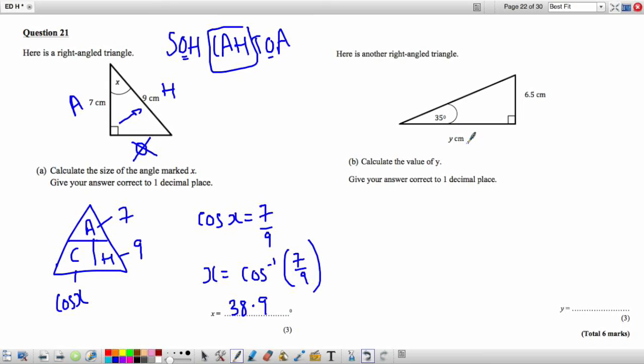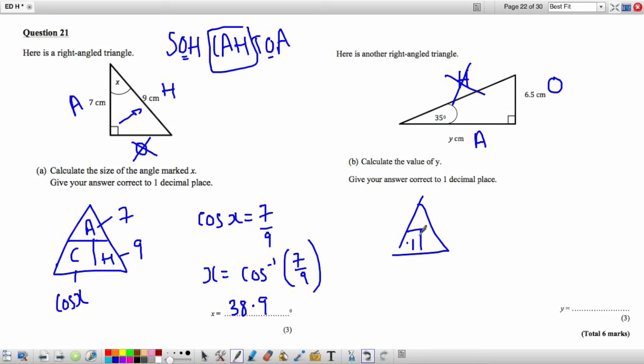Our other right angle triangle for part B, we have the angle. So this side here opposite the right angle is hypotenuse, and the third side is adjacent. We are not using the hypotenuse because there is no information given or we are asked to find for here. So therefore we are not using sin, not using cos, we're going to be using tan.